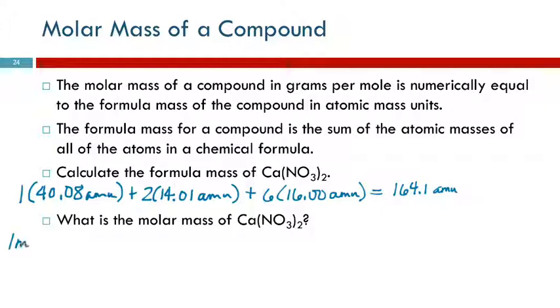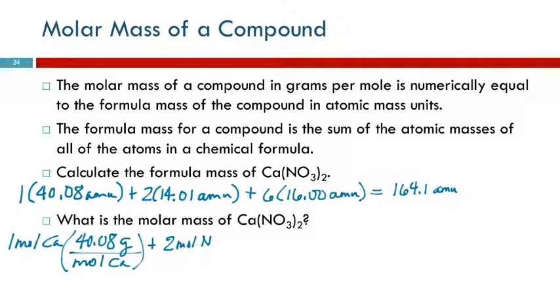So 1 mole of calcium atoms times 40.08 grams per mole of calcium, and we have 2 moles of nitrogen times 14.01 grams per mole of nitrogen, and 6 moles of oxygen times 16.00 grams per mole of oxygen.